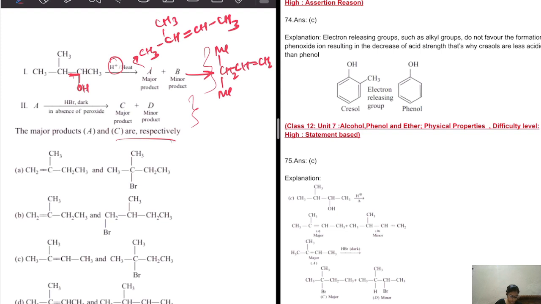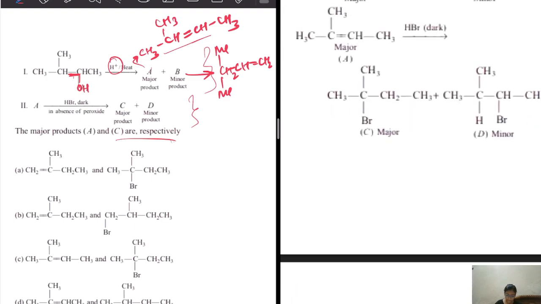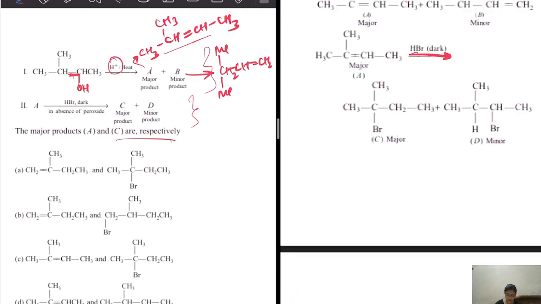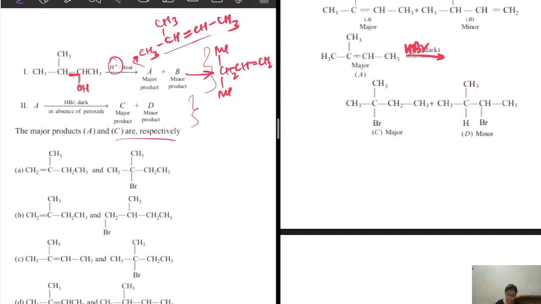Then this on reaction with HBr, what will it give? If we have this, on reaction with HBr, what happens? We have H positive and Br negative, right?